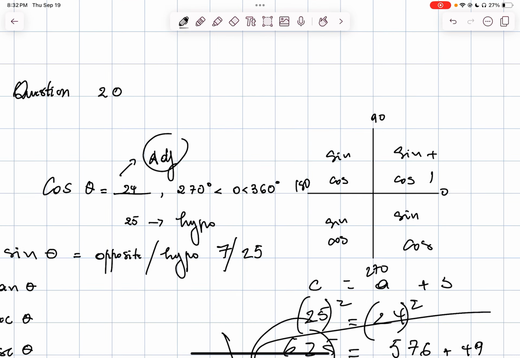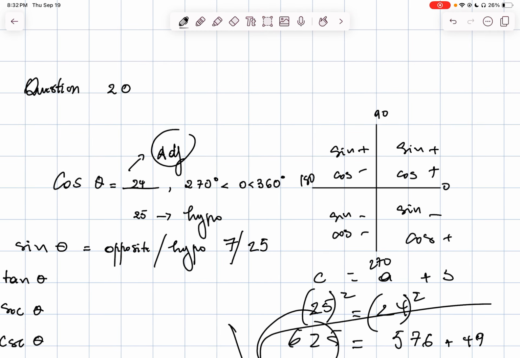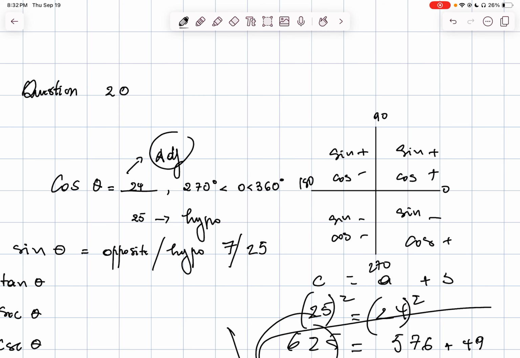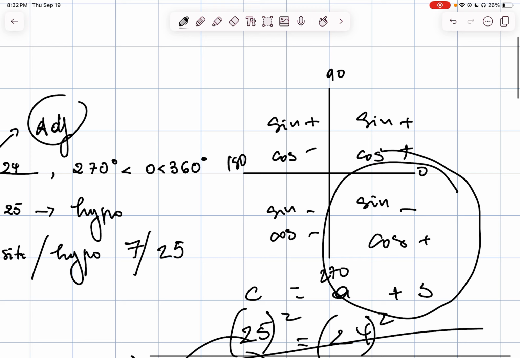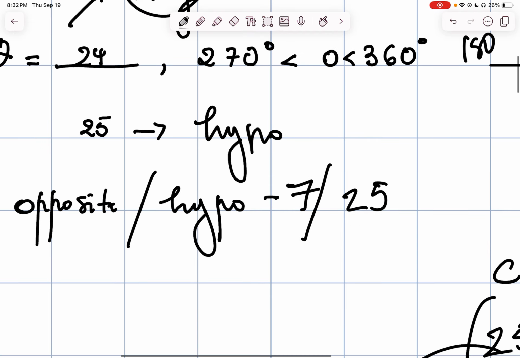It's going to be positive, positive, positive, negative, negative, negative, and negative, positive. And in our case, cos is positive. And they tell us that the number should be between 270 and 360. So this is the quadrant we're going to pay attention to. This one. And in this quadrant, we have seen that our sin is negative. So therefore, it's going to be negative 7 over 25.